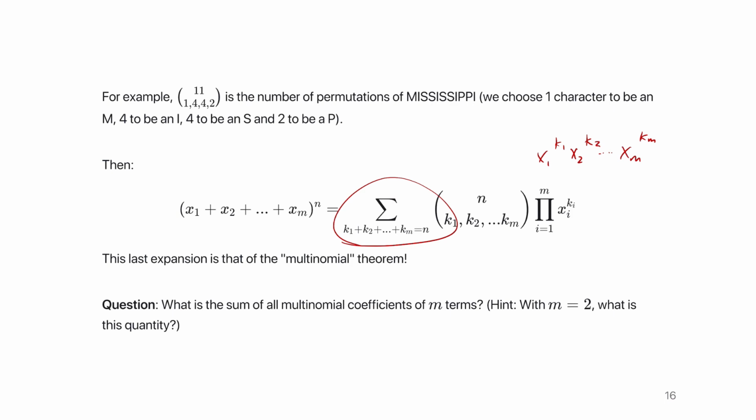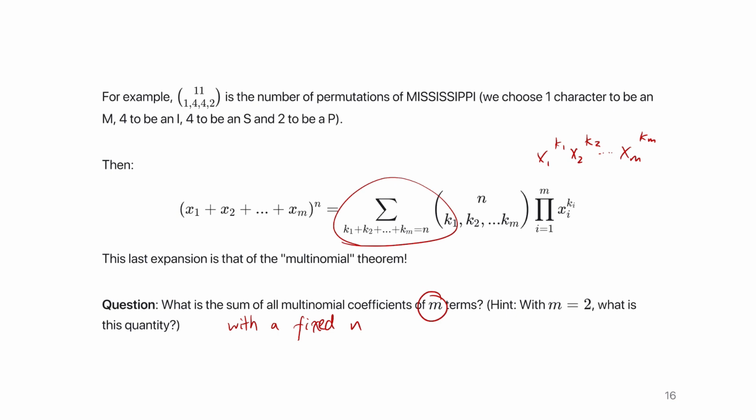Here's a mini quiz question. What's the sum of all of the multinomial coefficients with m terms? With m equal to 2, so the sum of all binomial coefficients with a fixed n, right? The sum of all binomial coefficients with n being fixed was what?